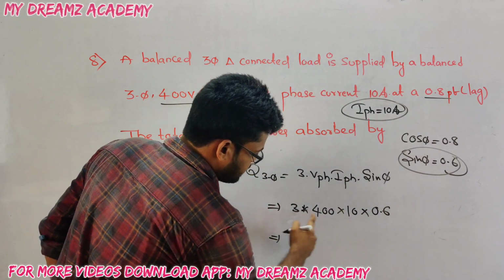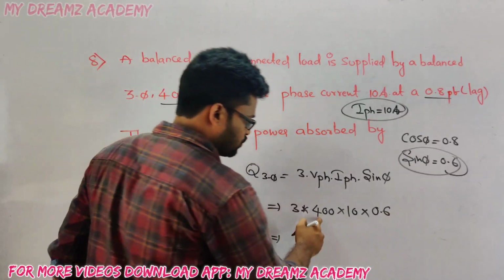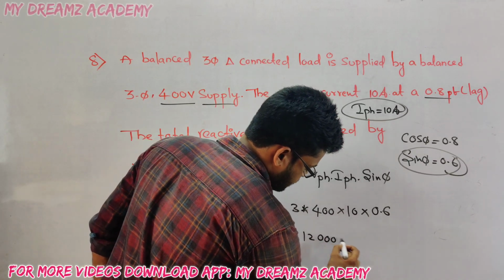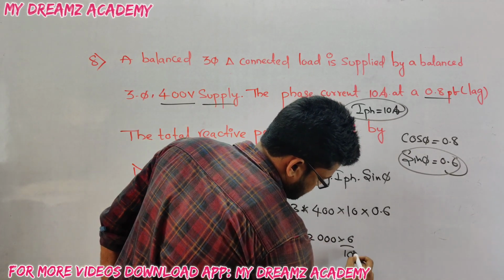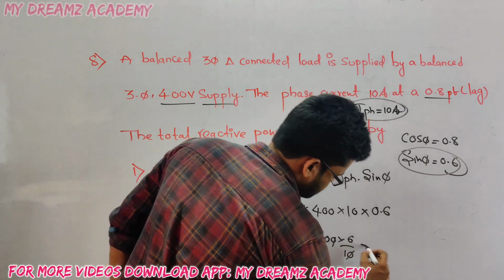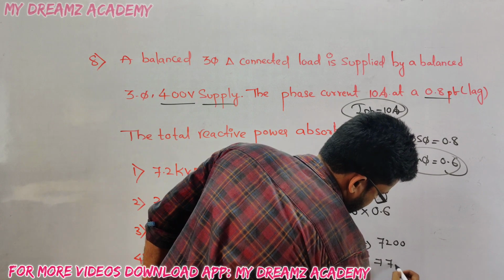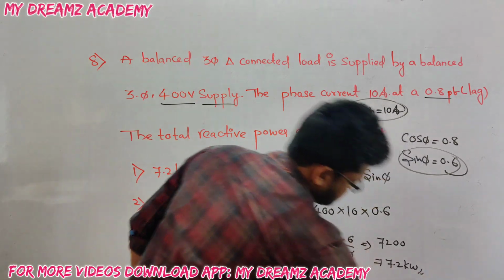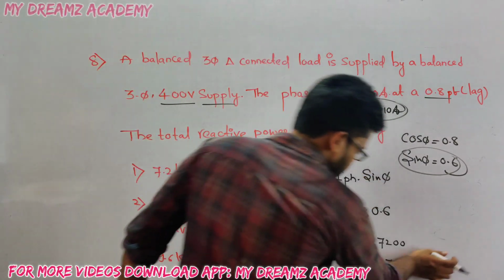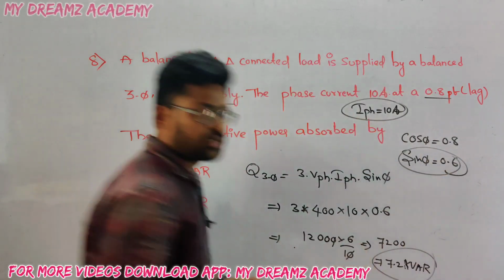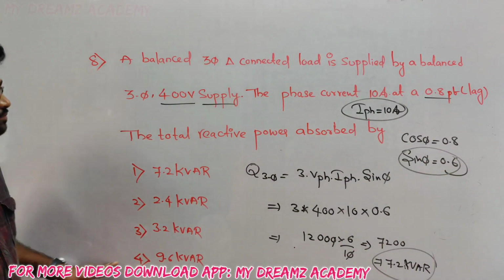So 3 fours are 1200 into 10, it will give 12,000 into 6 by 10, the 0 will get cancelled, 12 into 6, that is 72. I can write this as 7.2 kVAR. The unit of reactive power is kVAR.